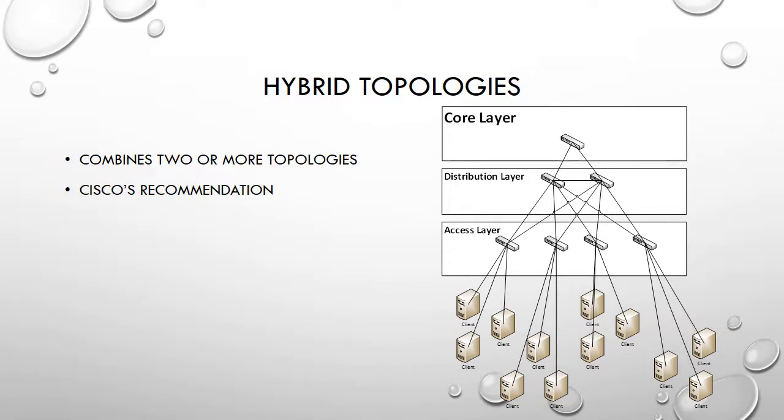As you can see, this is a hybrid topology. In the core layer, the topology starts as a star, but then on the distribution layer, it goes to mesh. But then we go down to the access layer, and we're back to star networks. Not only is this Cisco's recommendation, but this is also industry best practice.